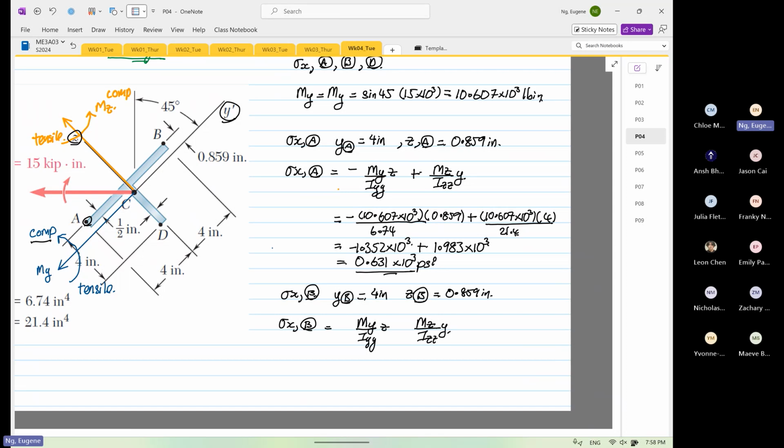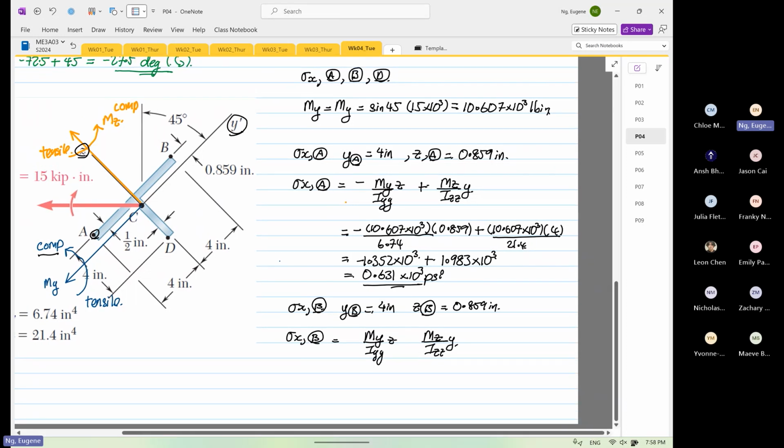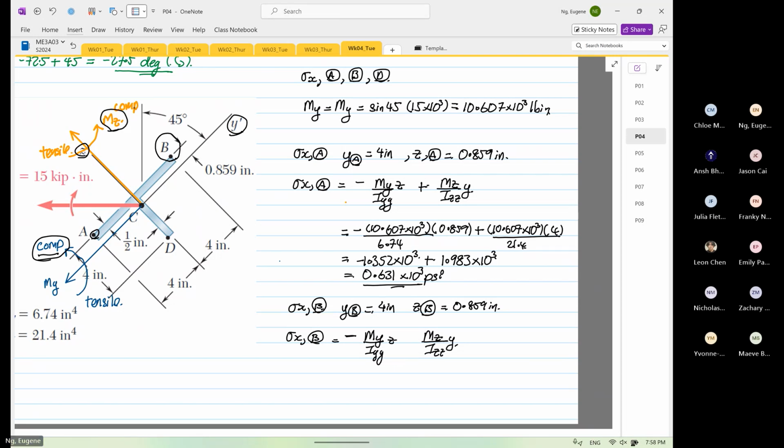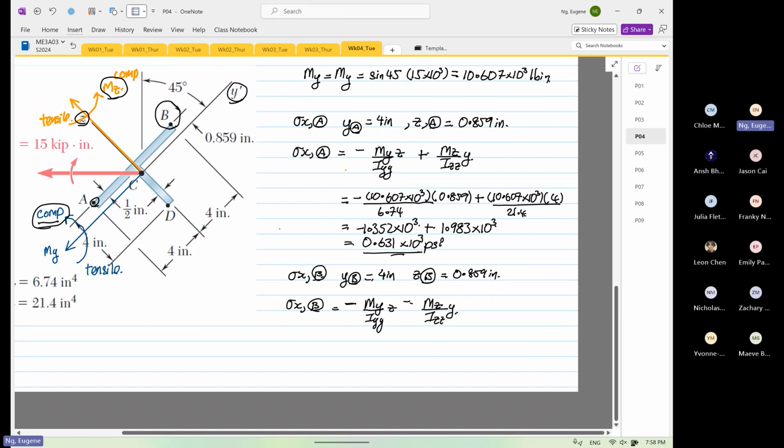So if you look at moment about Y at point B now, the moment about Y is going to generate compression, and Mz is also going to generate compression. Okay? So no doubt the magnitude of the Y and Z coordinates are the same, but what stress are they going through? Both of them are going through compression.